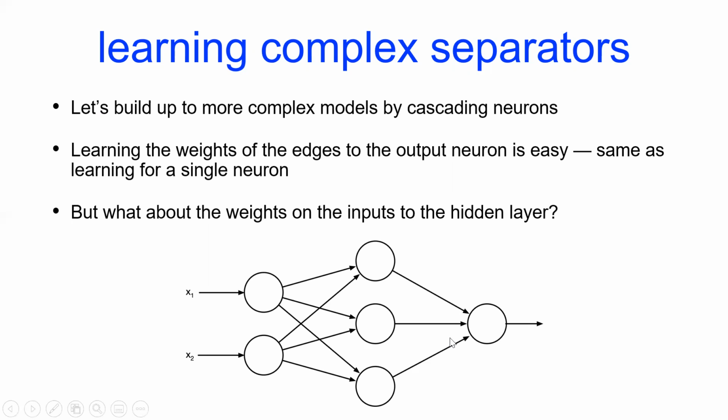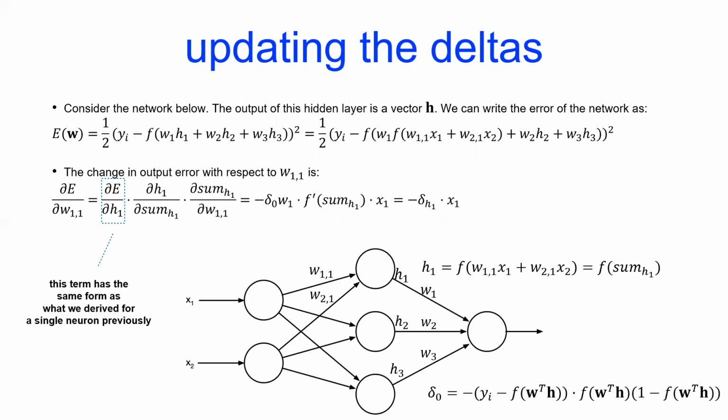But now the problem is how do I let the error control my updates about this link? So we just carry on the philosophy we just introduced to propagate further. We call this back propagation.